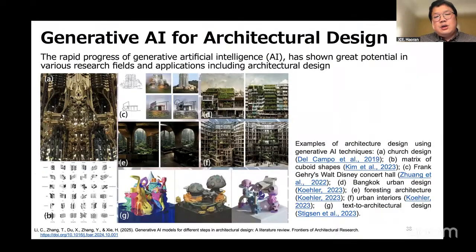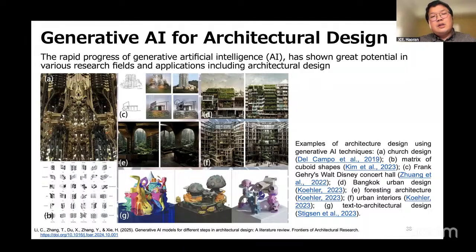Last year, we published a paper surveying generative AI that can help architecture design. We analyzed the gap with computer science. Right now, computer science has diffusion models, autoregressive models, and video generation, but in architecture design they just use Rhino, and they even don't use ComfyUI.